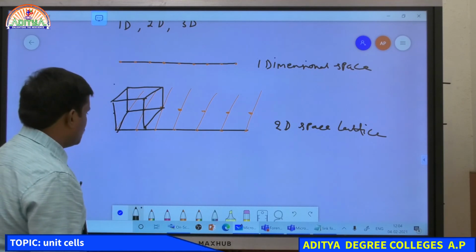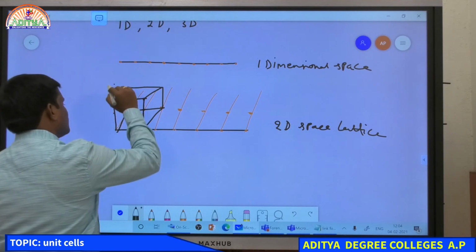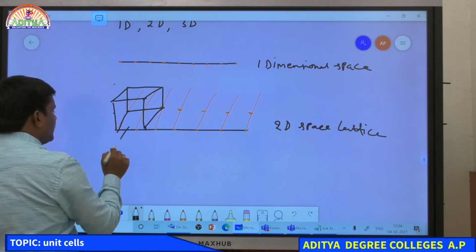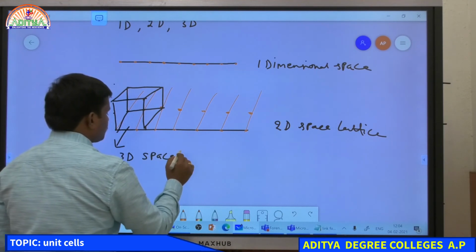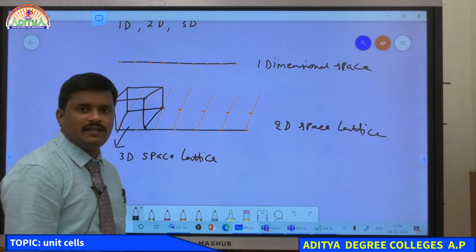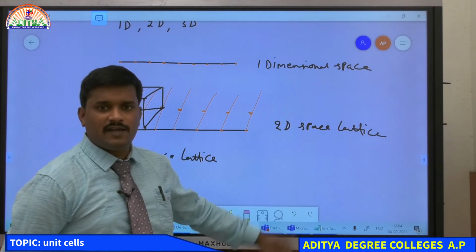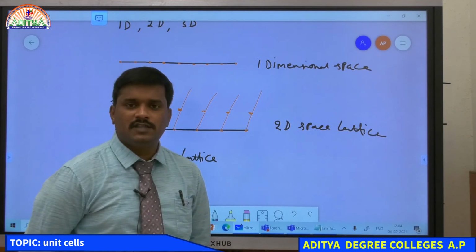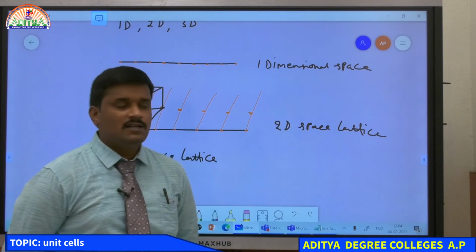Look at this: here points are arranged along x, along y and also along z. This type of arrangement is a three-dimensional space lattice. So basing on the number of directions in which the points are arranged, these are classified into three types: one-dimensional, 2D or 3D space lattice.